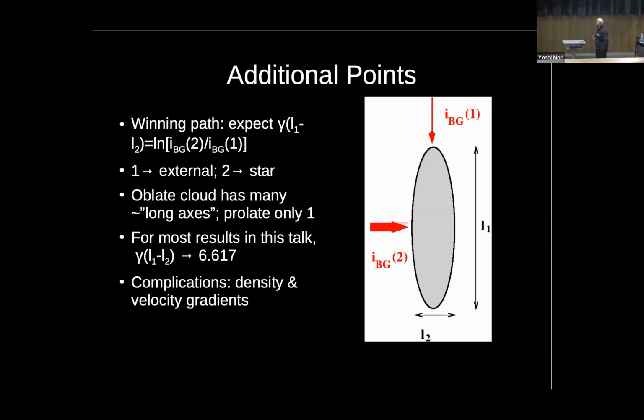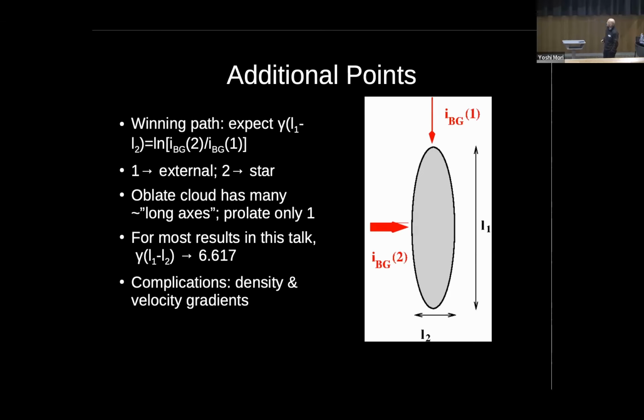So this is just a bit more about this idea of the weak background from the CMB and dust. But you've got maybe a long path, and the bright background from the star with a shorter path. Which one wins the race to saturation? And the answer is, you need this gamma times the difference in these lengths, gamma (l1 minus l2), which is a sort of maser optical depth.